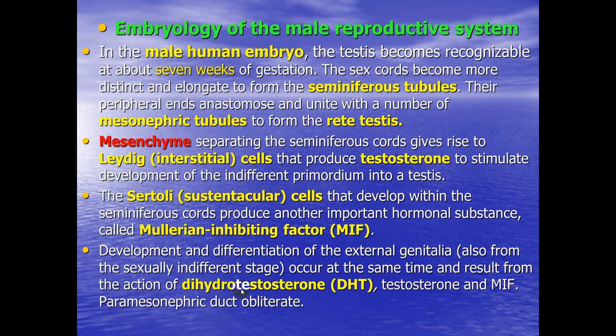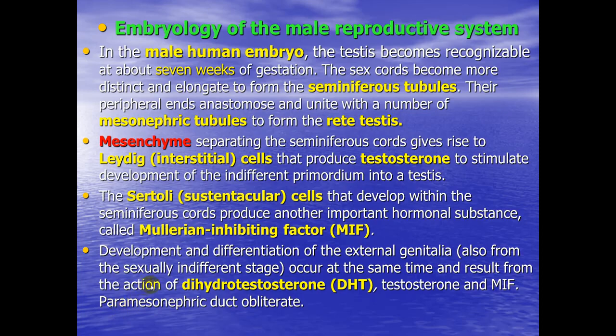That's why the function of DHT, simple testosterone, and MIF leads to the development of the accessory glands, genital ducts, and external genitalia of the male organism.